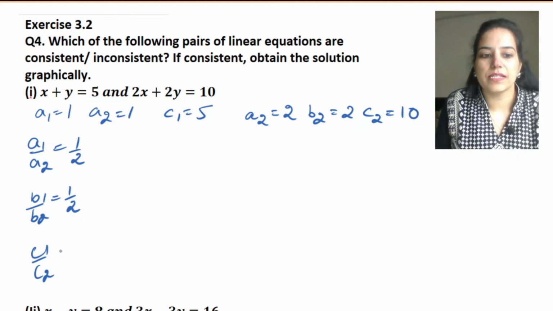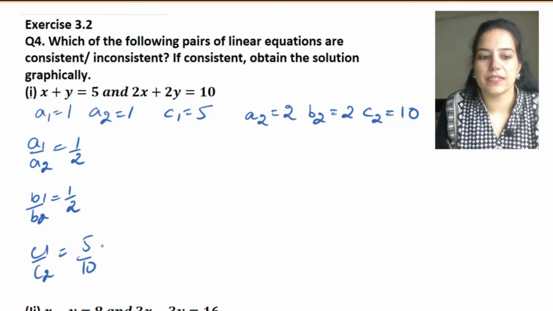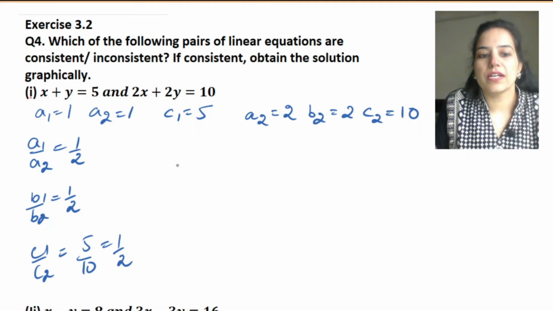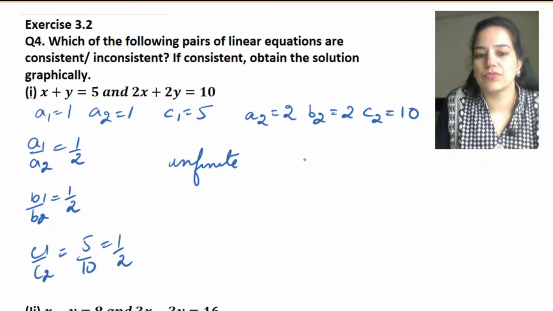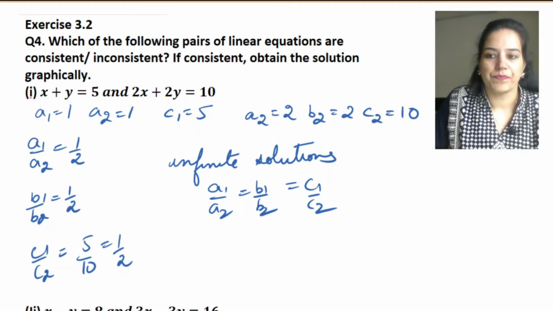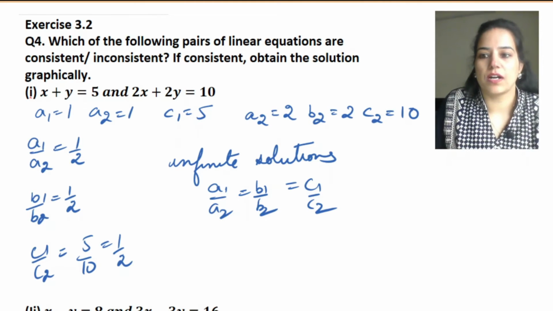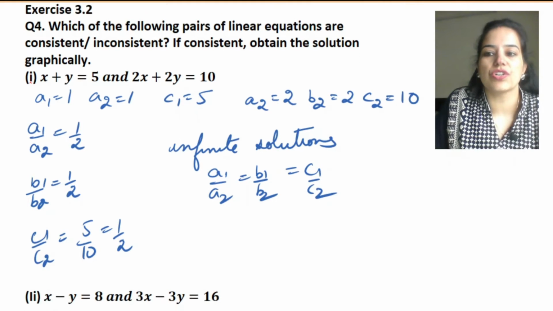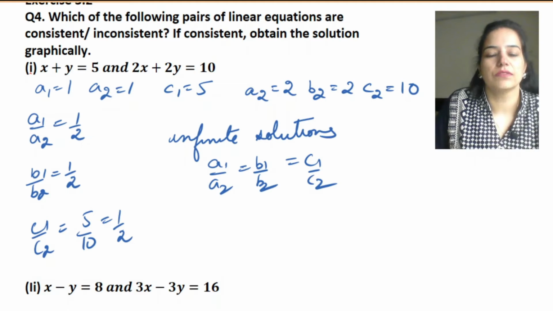And C1 by C2 is 5 by 10, that is 1 by 2. So there are infinite solutions because all the 3 are equal, right? A1 by A2 is equal to B1 by B2 is equal to C1 by C2. So first one we'll have to plot on the graph also. But first let's see which all are having solutions.